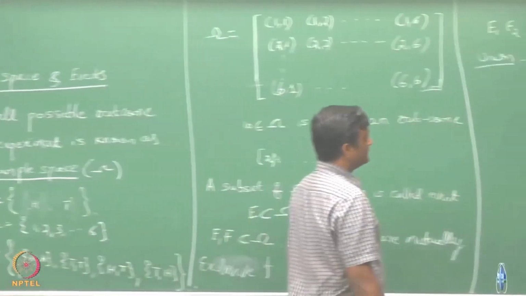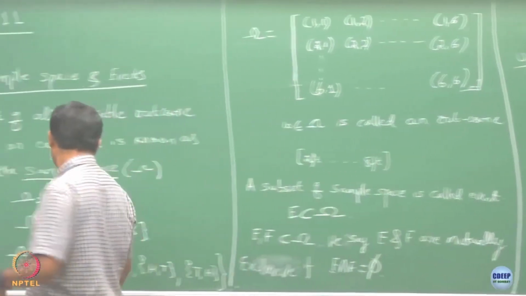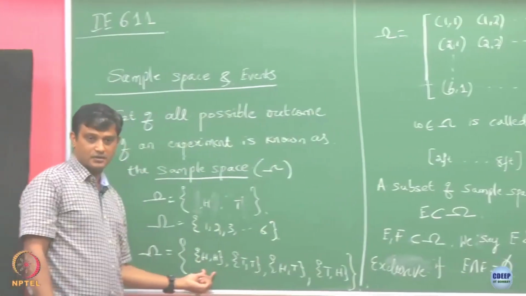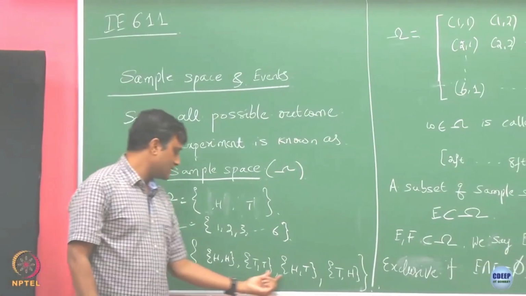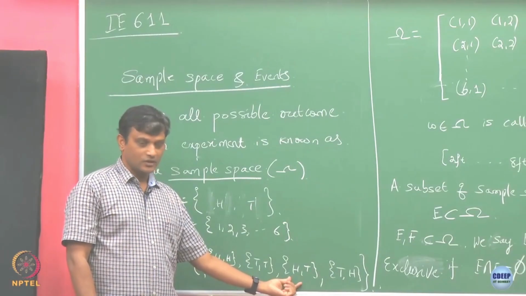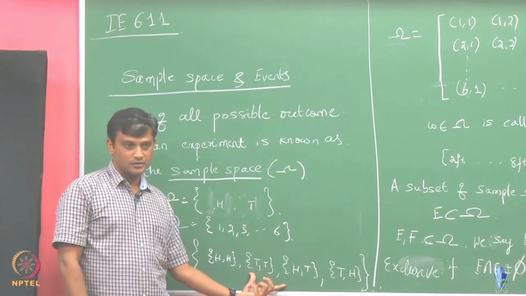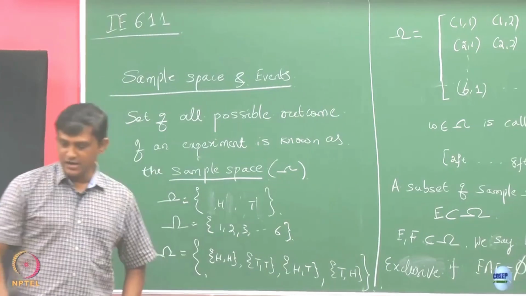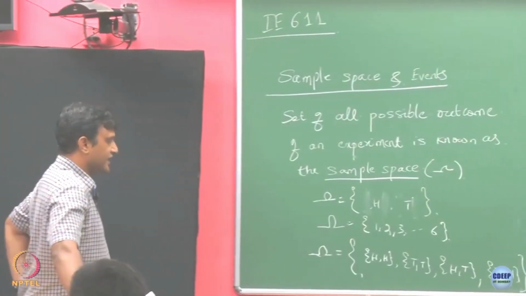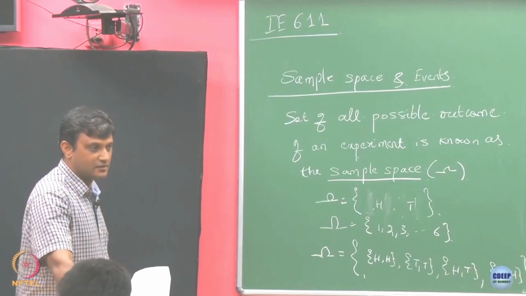Now suppose E1 is HH and E2 is HT. What is the union of E1 and E2? It says the first outcome is head.